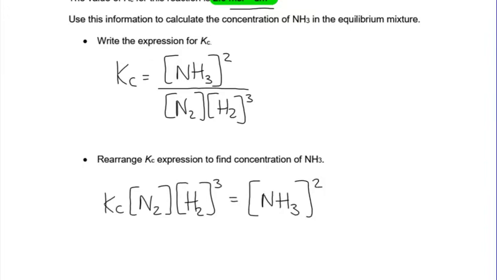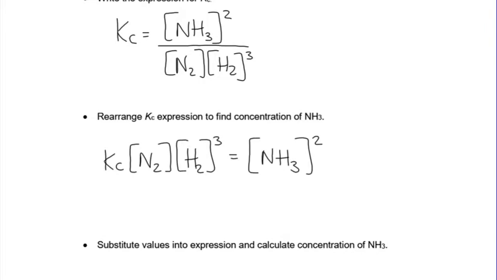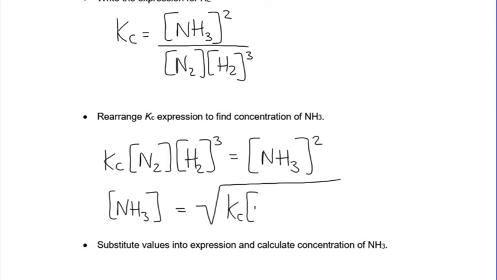So then how would I get ammonia on its own? Well, if I want the concentration of ammonia, and at the moment it's squared, I'm going to have to do the square root of both sides. So that's everything together on this other side. I'm going to have to do the square root of.